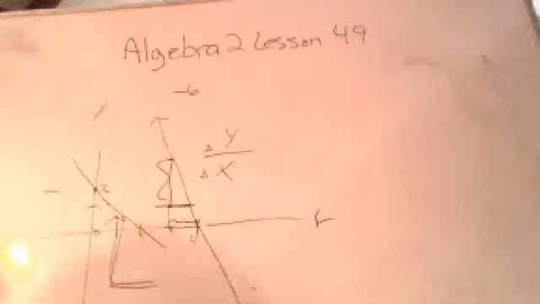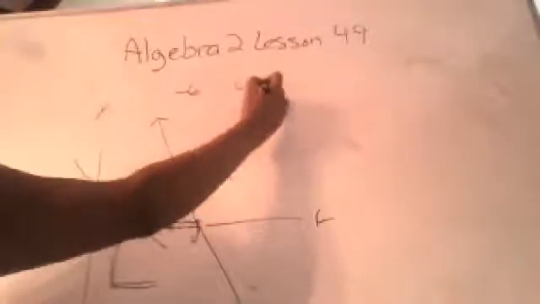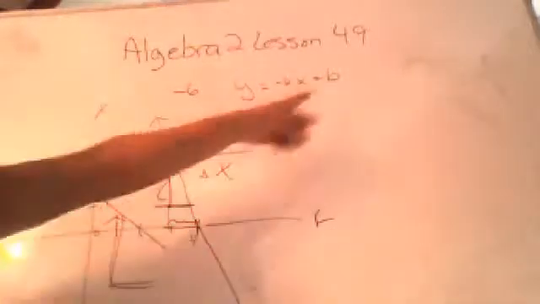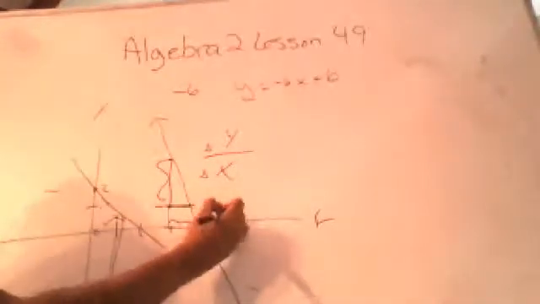Well, if we put it in our y equals negative 6x plus b, how can we find b? We need a y and an x. We can simply estimate and find a coordinate that it looks like it crosses at, the coordinate 4, 0. So that's your x and your y coordinate.